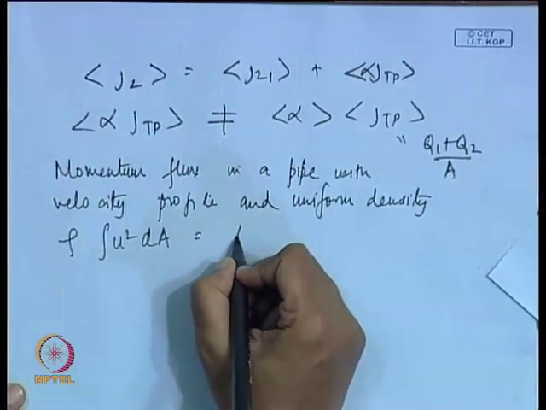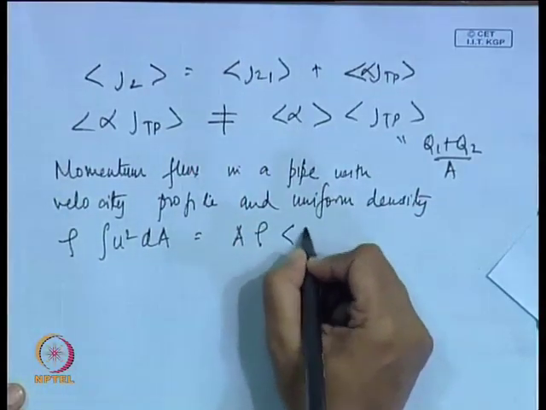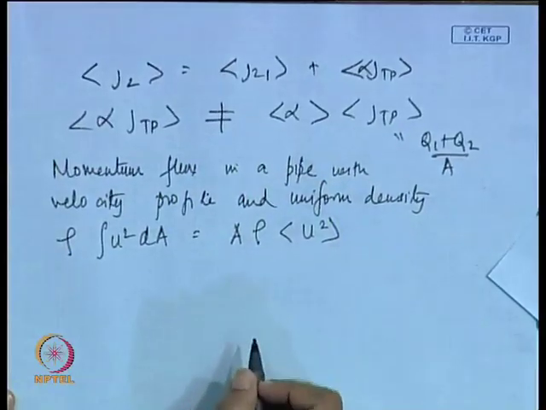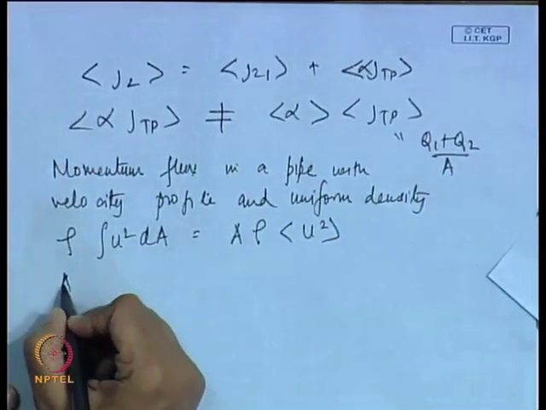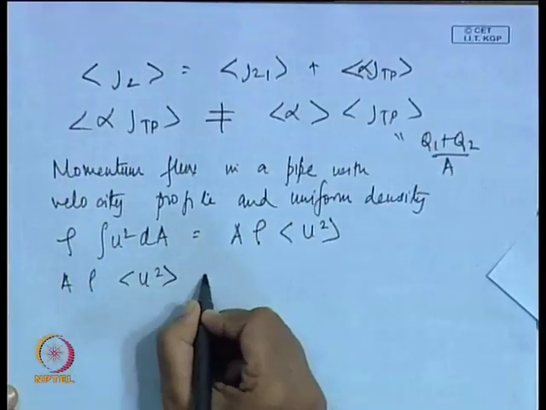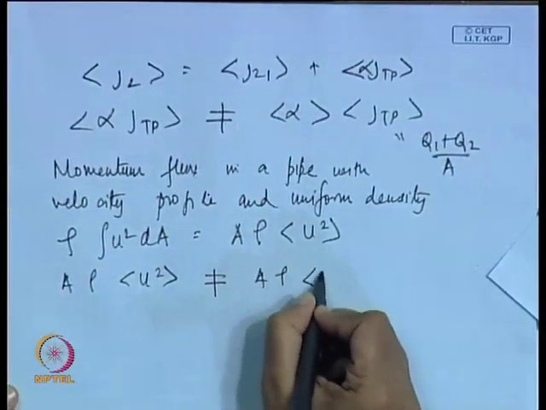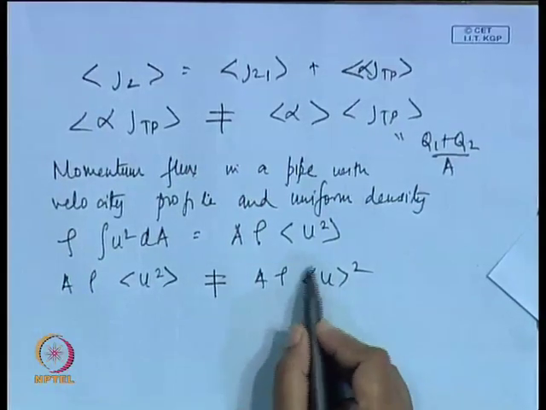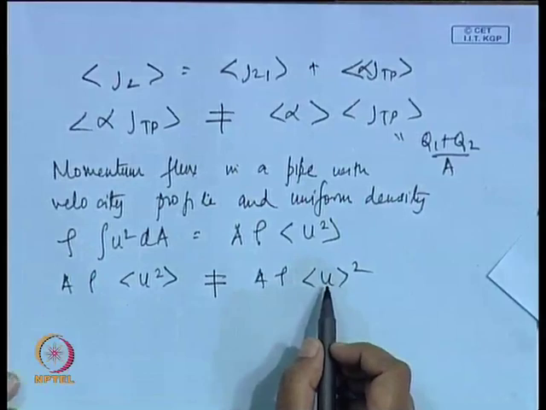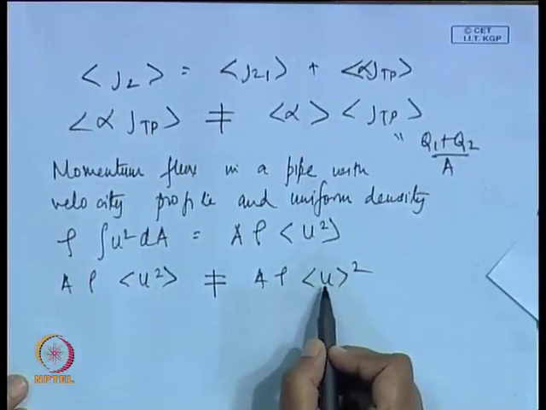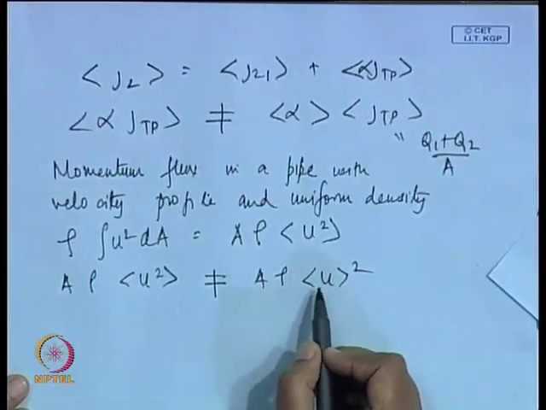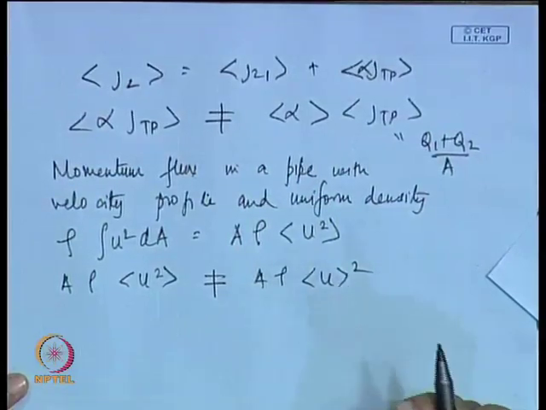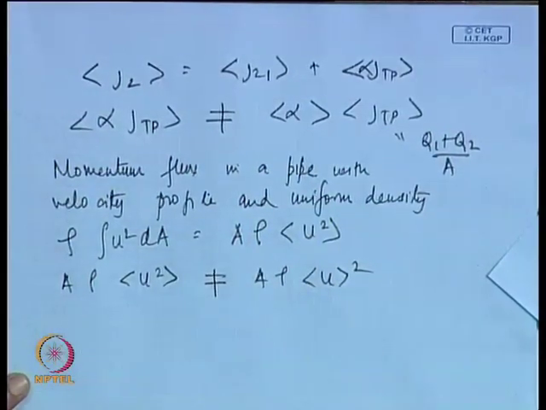Now, we knew that this integral of rho u square dA is not equal to A rho u average square, isn't it? But this is a much more easily measurable parameter. Why? Because you just measure the velocity profile and then you integrate it. But for this particular case, you have to measure the velocity at each and every point, you have to square it, then you have to find out the profile, then you have to integrate it.